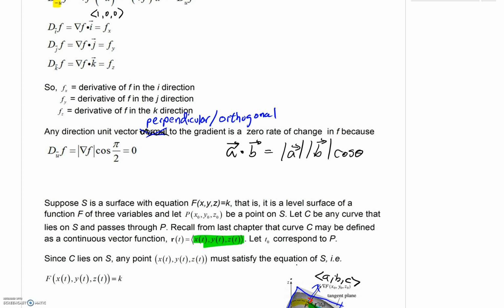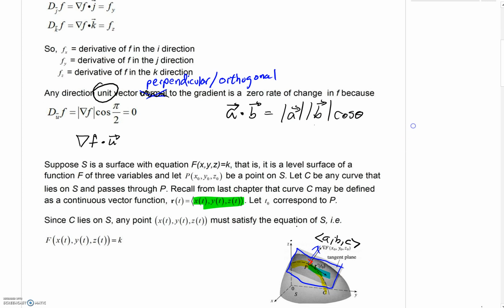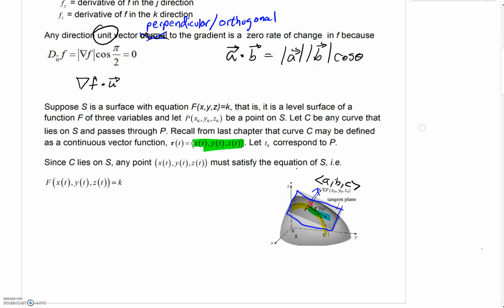Remember, u is a unit vector. Its length is 1. So you'd have the length of the gradient vector multiplied by the cosine of pi over 2. Of course, that would be 0. So that hopefully can help you out. And this is ultimately equivalent to just the gradient dotted with vector u. So as long as they're perpendicular, you'll have a 0 rate of change.